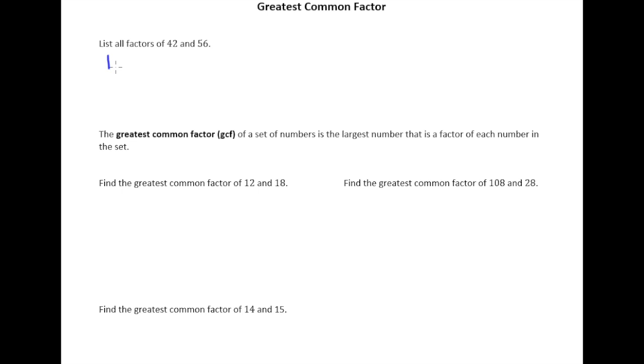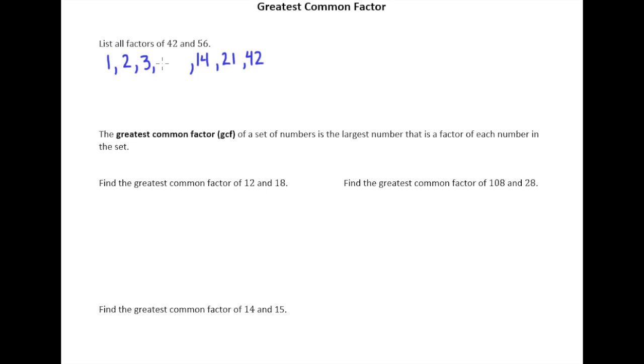Of course 1 is a factor of any number, and we then write the number that goes with it, 42, because of course 1 times 42 is 42. Now because 42 is even, you know 2 goes in, and 42 divided by 2 is 21, so 2 times 21 is 42. 3 also goes into 42, and the number that goes with it is 14. 3 times 14 is 42.